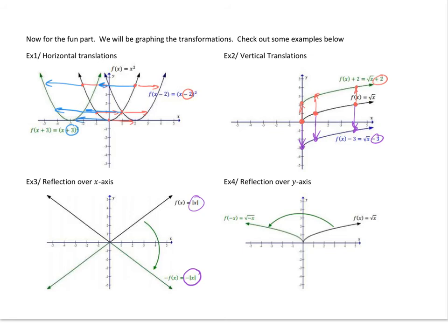And similarly, you can see that this graph with the square root function, notice that negative is on the inside, and that's why the graph goes essentially from pointing to the right to pointing to the left. It gets reflected over the y-axis.